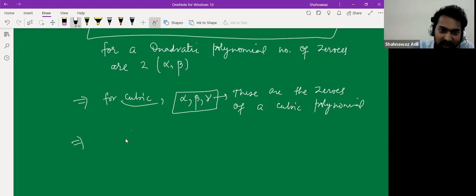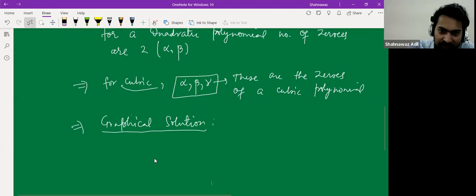So lastly, what we did was the graphical solution. In the graphical solution, what was the key idea?